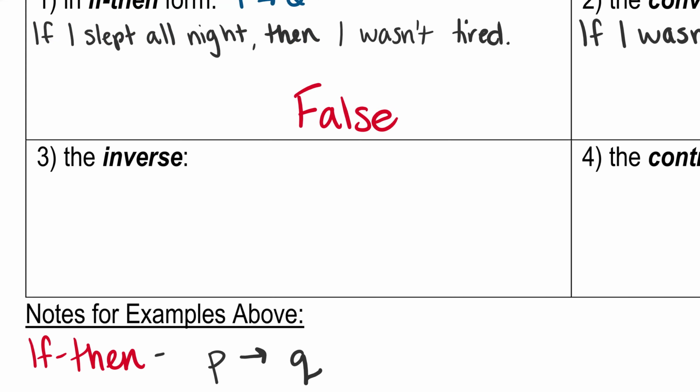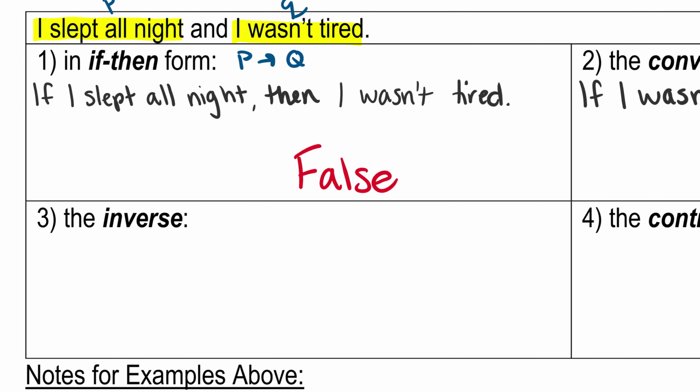Now we have inverse. Now we take the if then right above and we do not P, then not Q. Okay. So now instead of saying if I slept all night, you put if I didn't sleep all night.